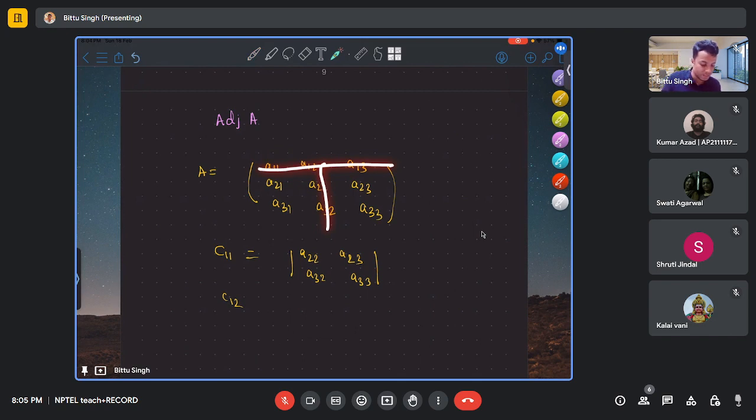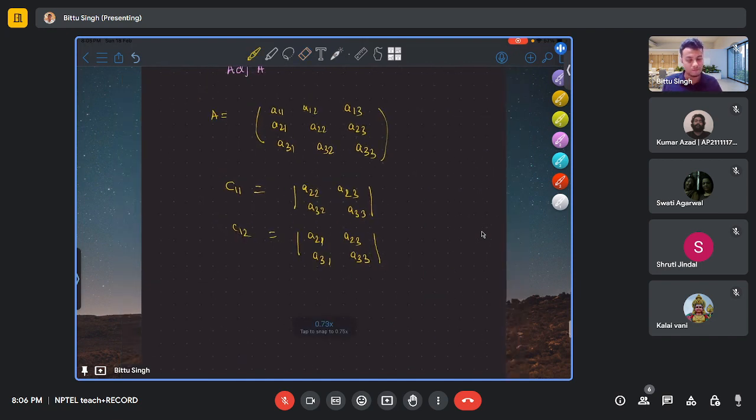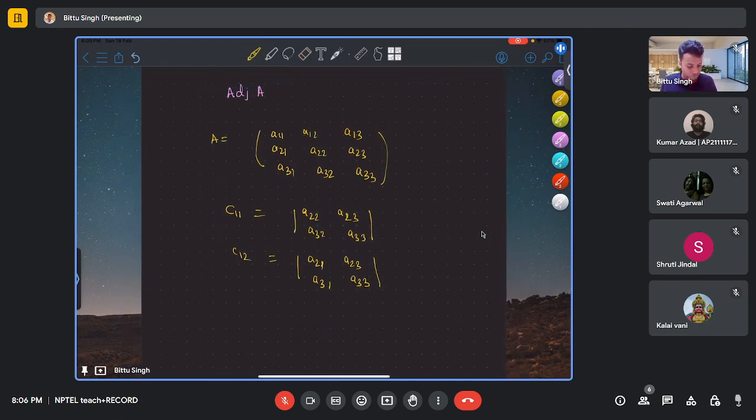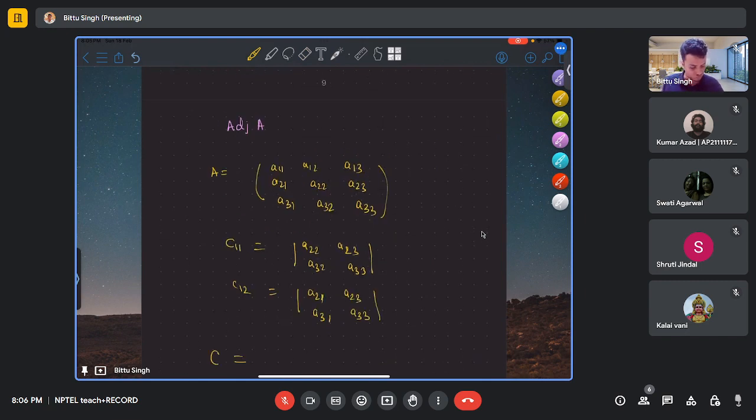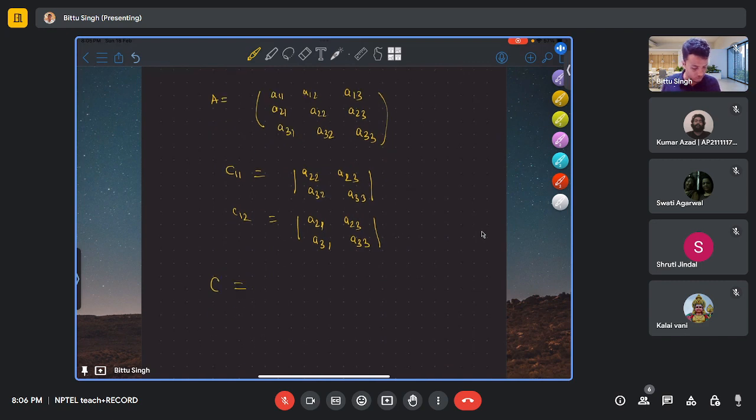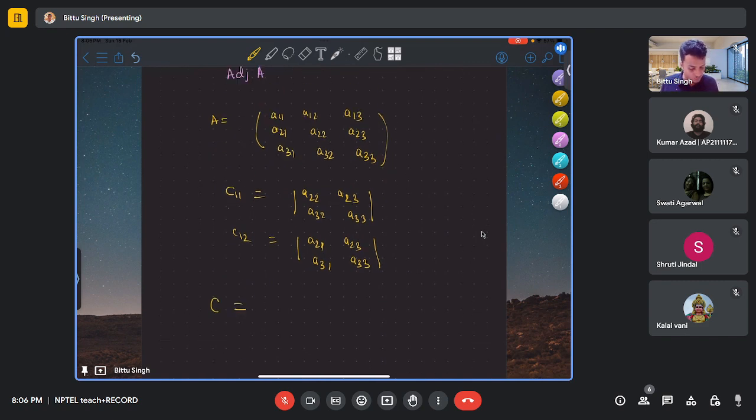Then we are getting A21, A23, A31, A33, sorry. And you can do for every entry, and you can form a new matrix C. Those C11, C12 are called minors.